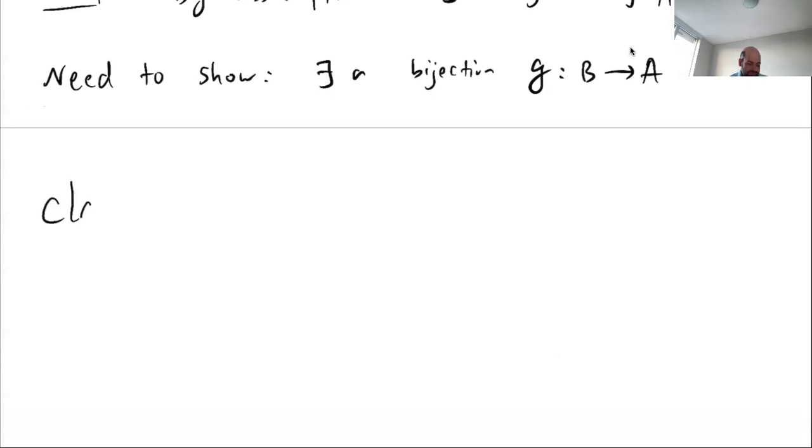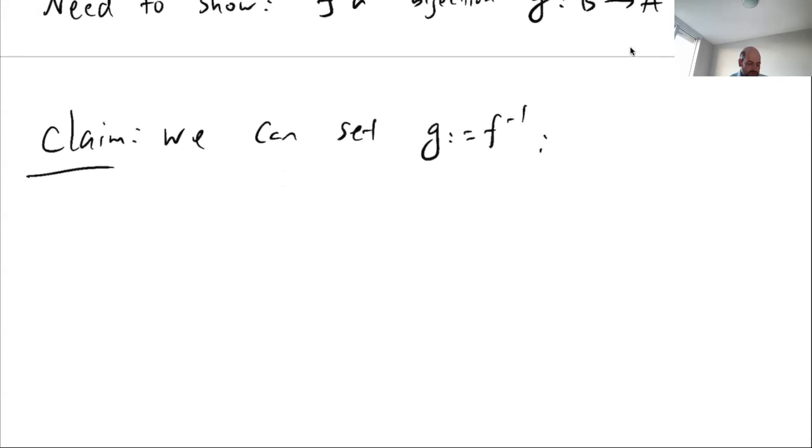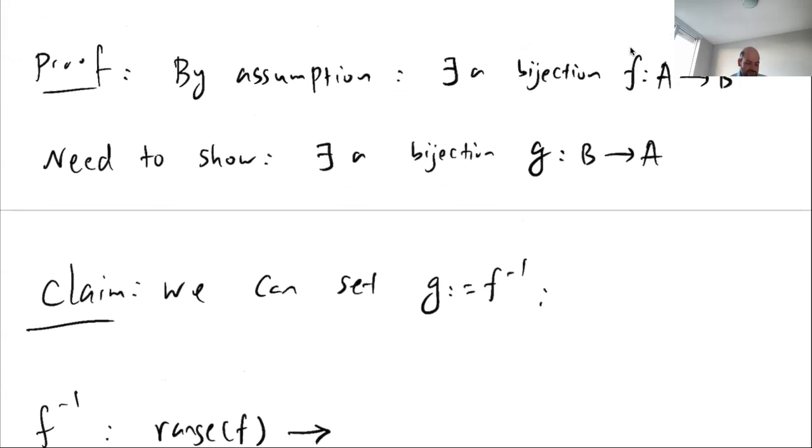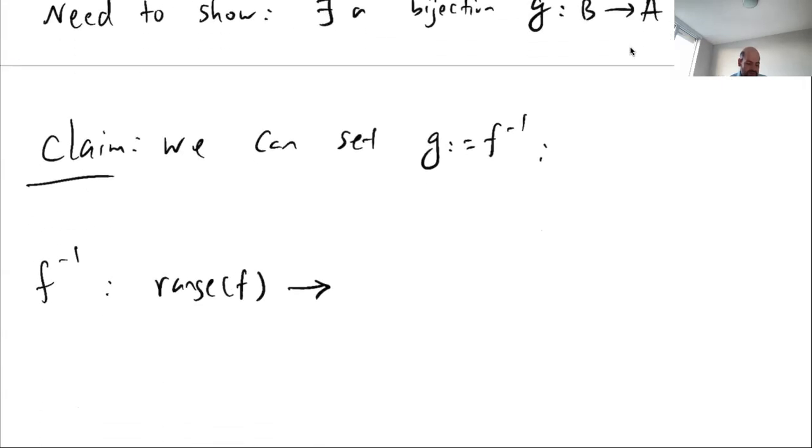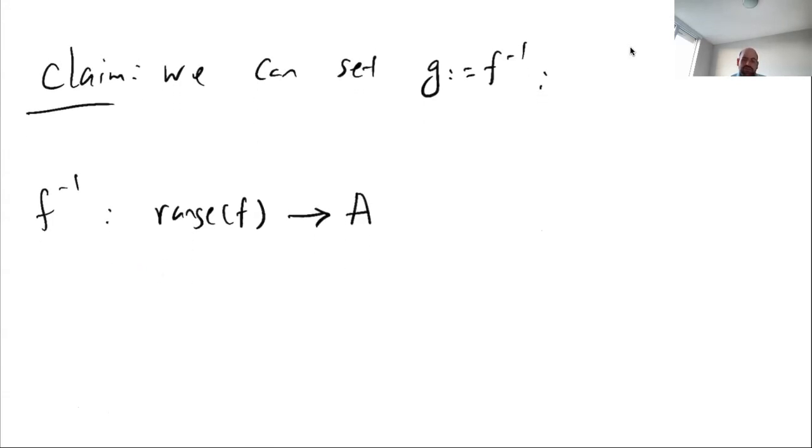So the claim is that we can set G as F inverse. F inverse is from the range of F to the domain of F, which is A. But what is the range of F? Remember, F is onto.